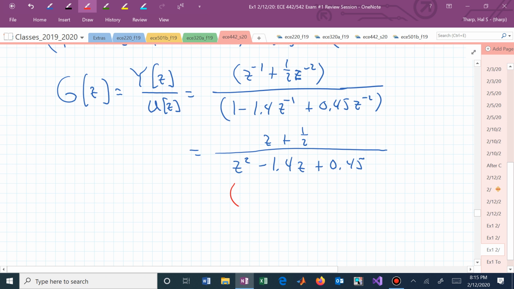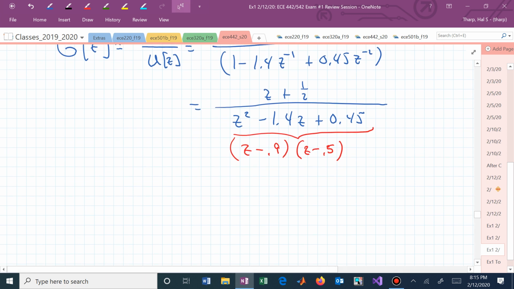I know you can see that the denominator actually factors into that. You could do the quadratic formula, you could see it, or you could just find the roots of that quadratic. And they actually end up being a pole at 0.9 and a pole at 0.5.